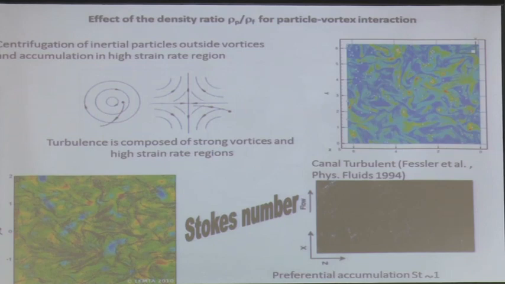They have accumulated in some regions of the flow, because in a turbulent flow you have vortices at some places, and they expel the particles outside, and then the particles accumulate around the vortex. This is an experimental visualization of this preferential accumulation of particles outside vortices.